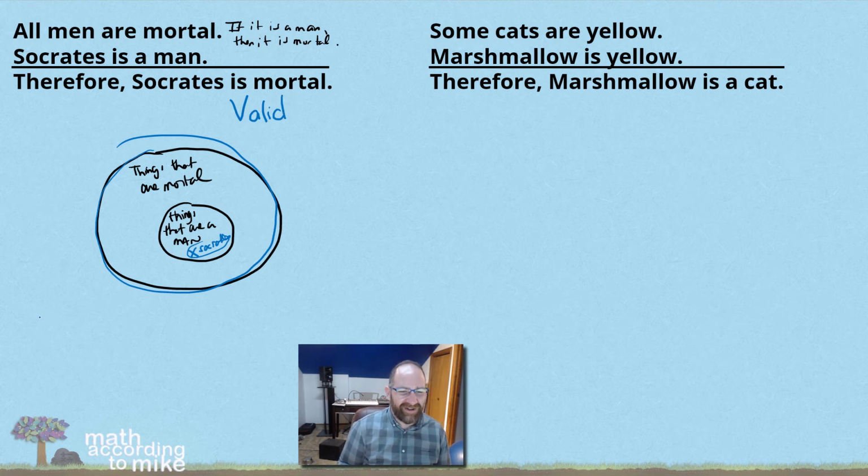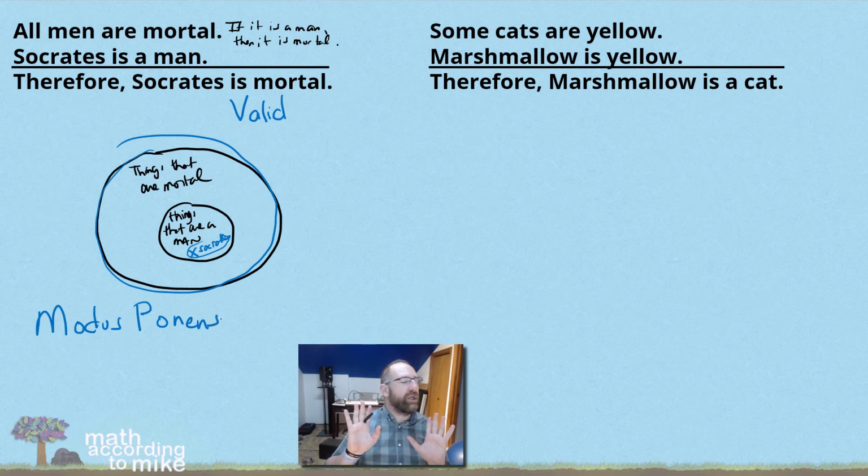This is called the argument format of modus ponens. This is in your book. You don't have to memorize these at all. In fact, they're not even provided for you on the test because I don't want you to focus on them. If this were a logic class, then yeah, you would need to know that. I just want you to make the circle.